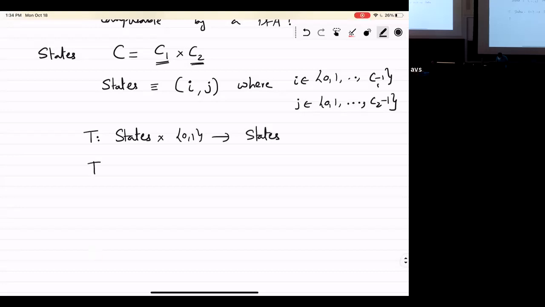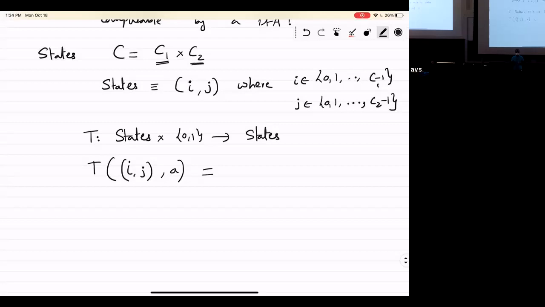Suppose I tell you that the first machine is in state I, the second machine is in state J, the memory contents of the first machine are I, the memory contents of the second machine are J, and you see a bit A. How should the memory contents be updated?